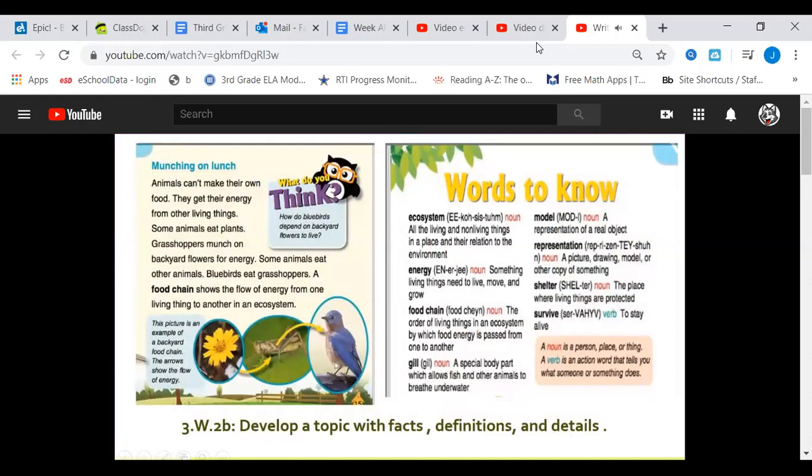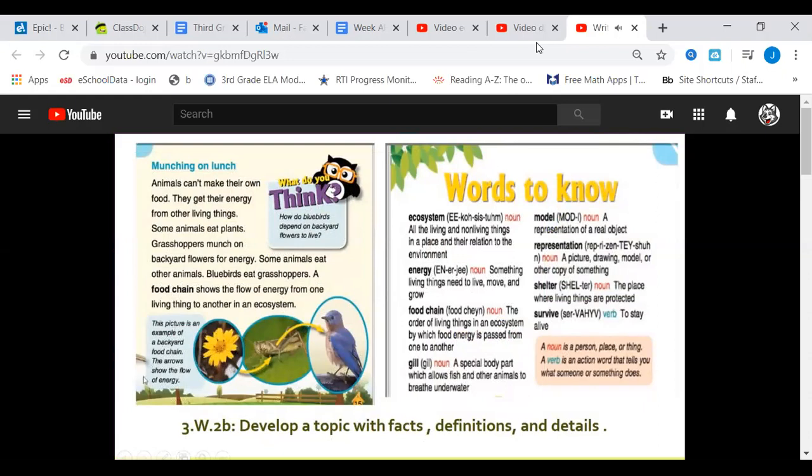I love this page because it has everything in it. It has our facts. It has a question. It has our model. It has details. And it has our vocabulary word in bold. This is a picture, and it's an example of a backyard food chain.